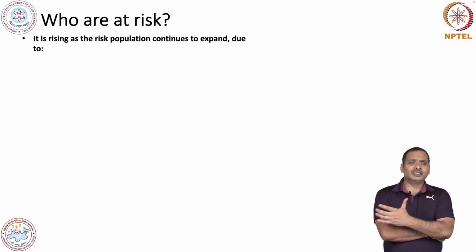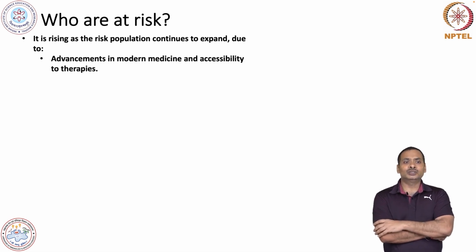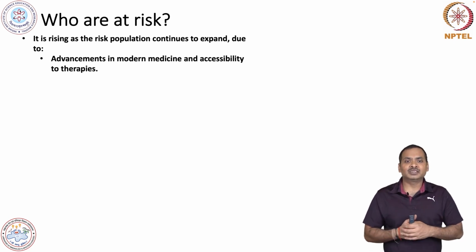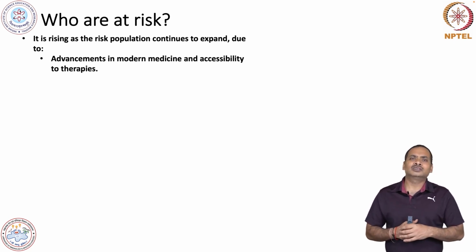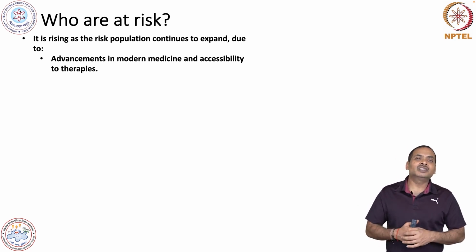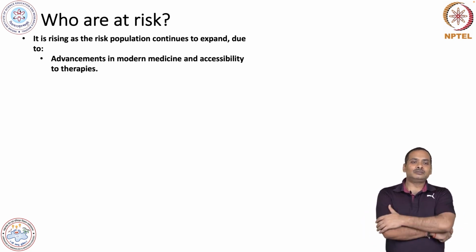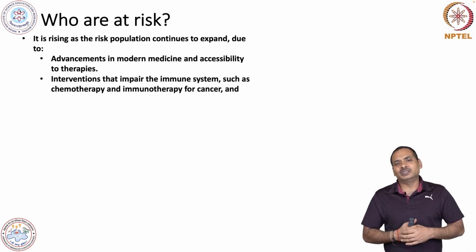The at-risk population continues to expand due to the following reasons. Advancement in modern medicine and accessibility to the therapies. Okay. These days people very quickly take any medicine, so that is also not good. That may invite fungal infection. Or some kind of therapy, right.